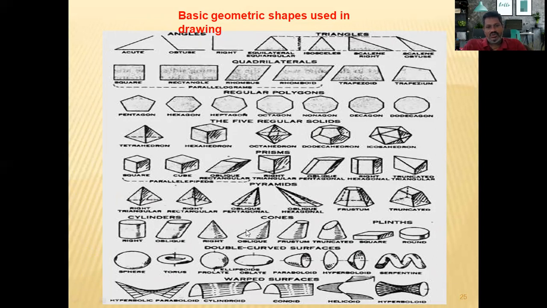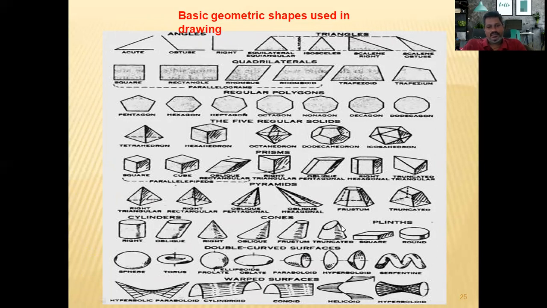As you can see here, we have cones, pyramids, then the torus, sphere, then the frustum and truncated cone. The frustum of the cone means the cone is sectioned such that the section plane is parallel to the base of the cone.